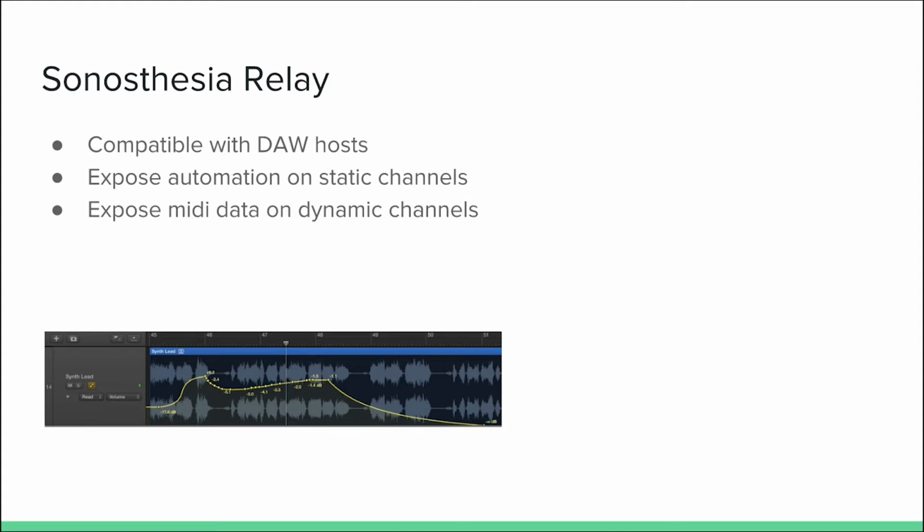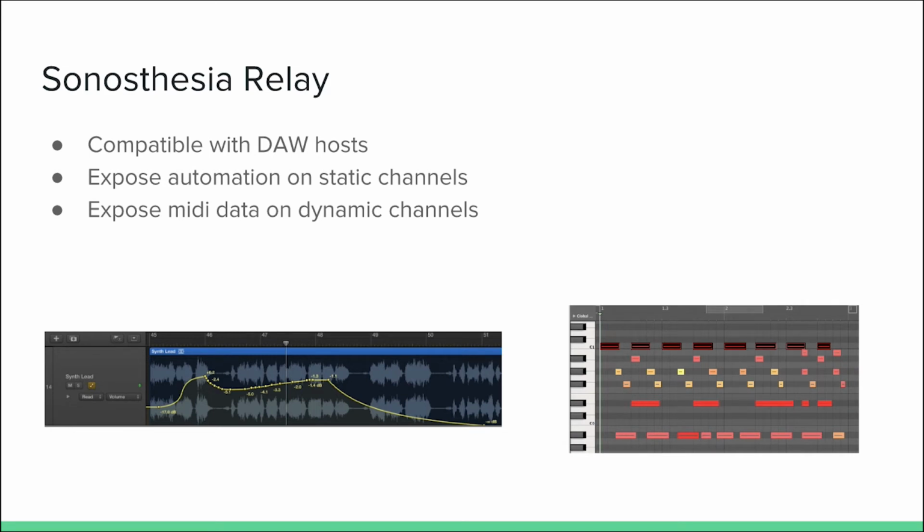And it exposes these as Sonosthesia static output channels. And it also relays MIDI data, which it exposes as dynamic output channels on the network. So in this way, you can use the raw input data that you used to make music instead of extracting it later. You can just transmit it directly as controlled data on the network.